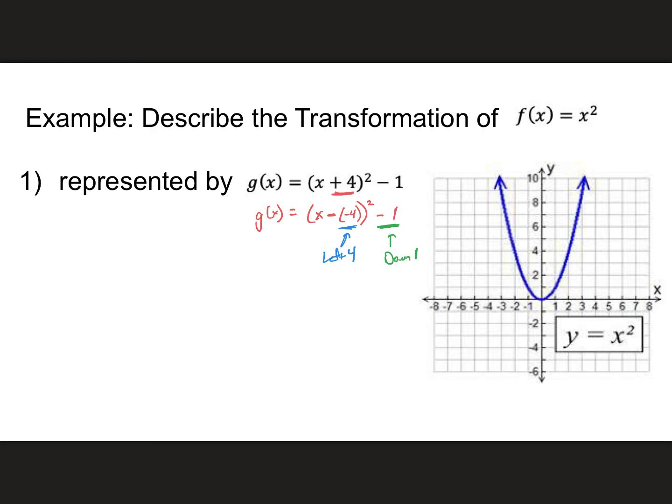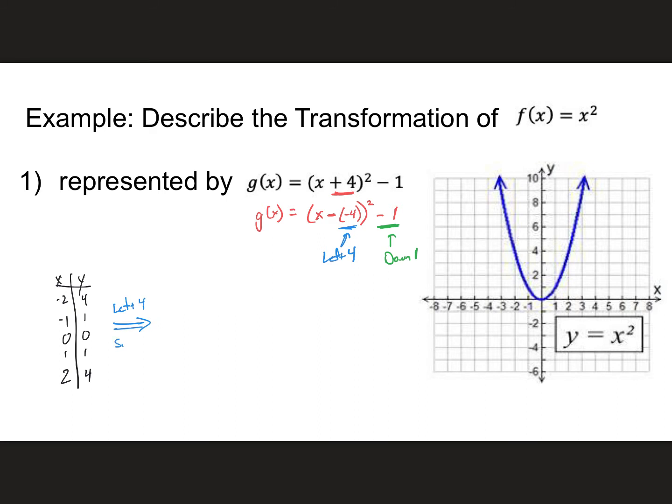Now, if I look at my table of values that I start with, that normal table of values for every quadratic equation, I've got a couple of different ways I can think about this. The first is to actually perform the transformations by using a table of values. So I can say, okay, left 4. What does that mean?